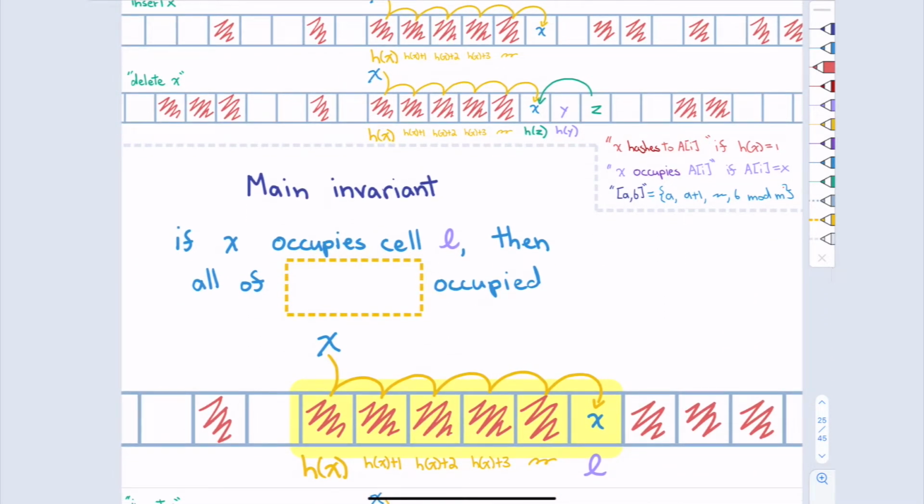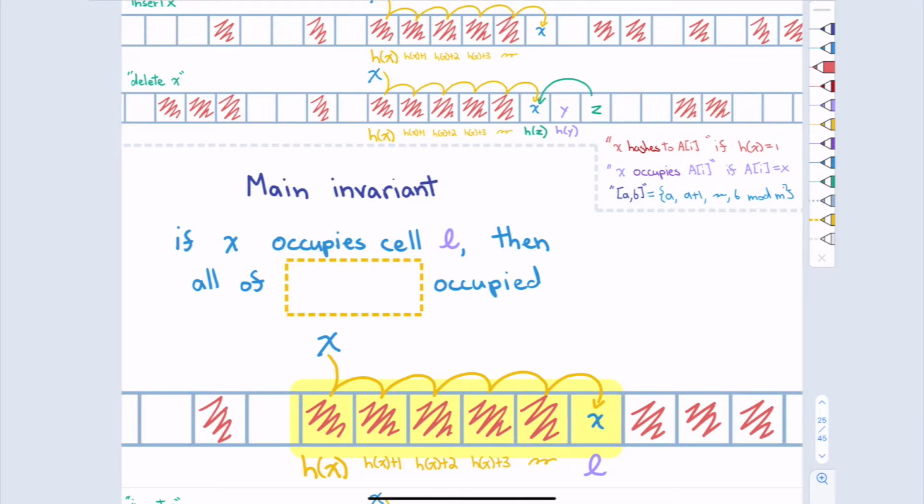Okay. So the main invariant that we're preserving in the insertion and deletion is that if x, which is supposed to go here, occupies some cell L, we will maintain the invariant that all of these cells are filled up.